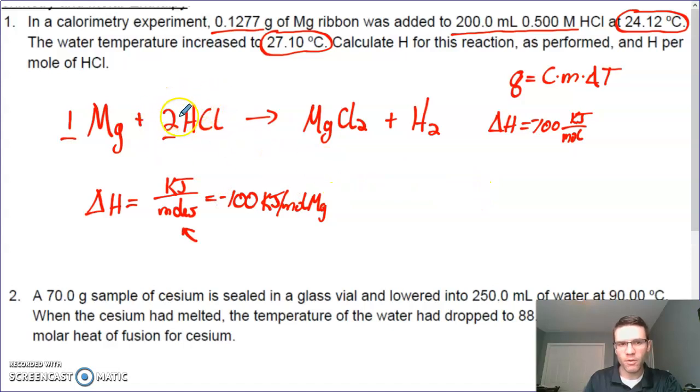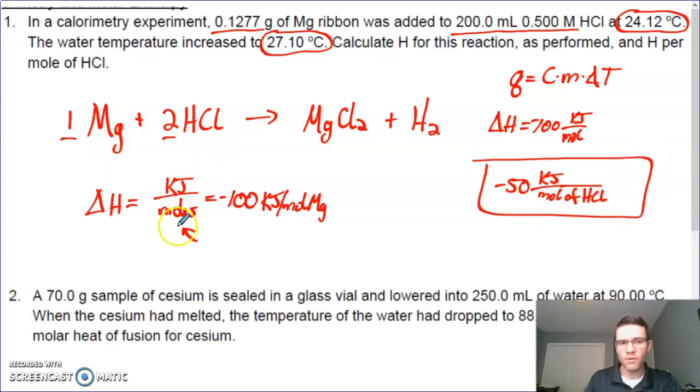How do I get per mole of HCl? Well, for this reaction, I'd have to divide the reaction by 2 to get 1 mole of HCl. And if you divide a reaction by 2, you have to divide the energy that produces by 2. And for the answer for this problem, I would have to say negative 50 kilojoules per mole of HCl. That's going to be a different number than it is per mole of magnesium.